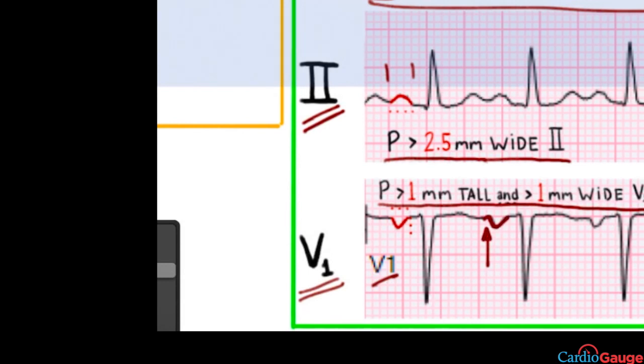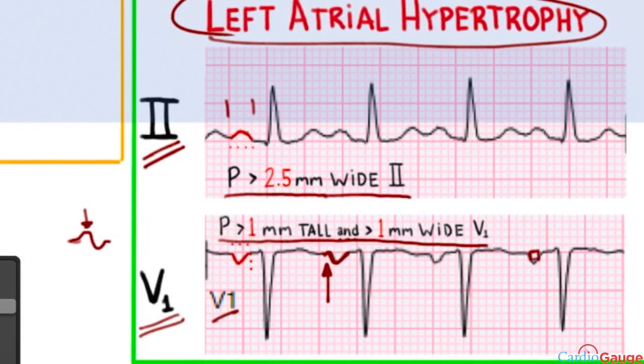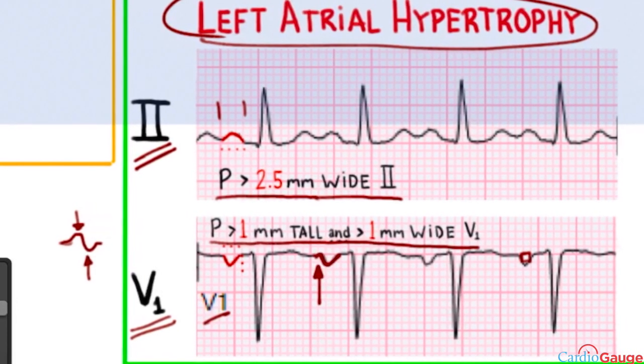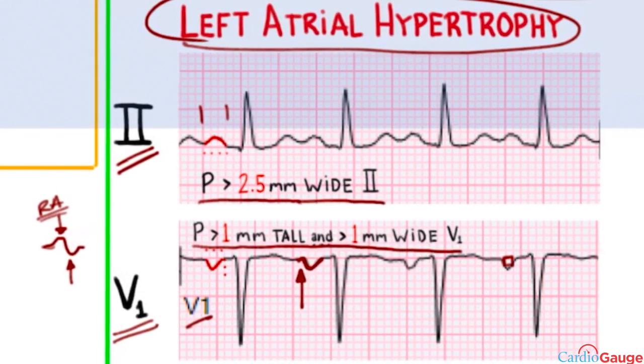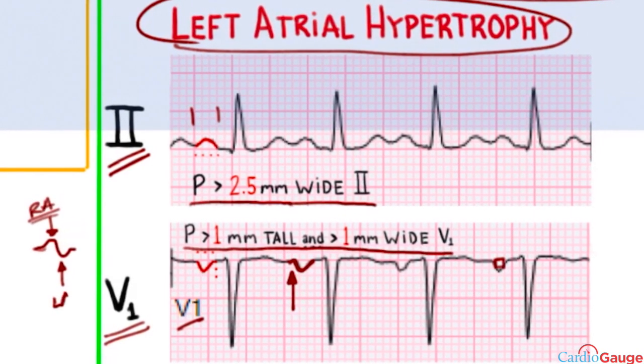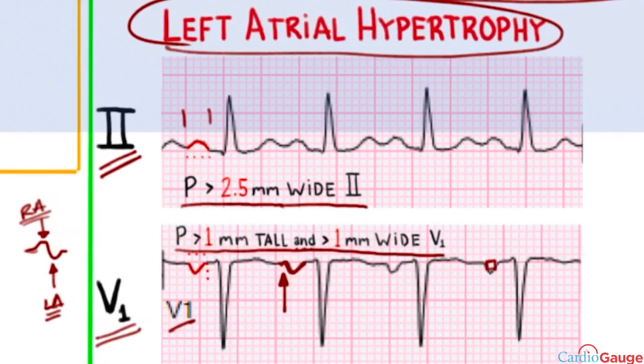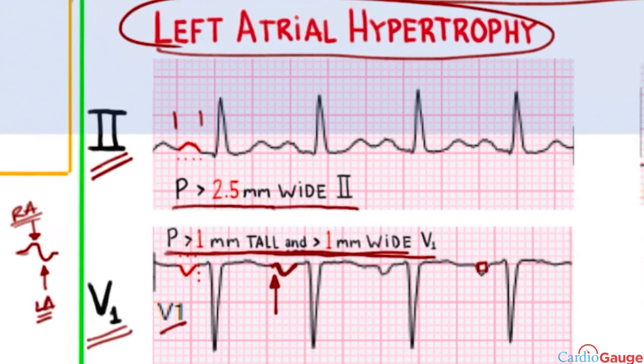And the positive part is what's happening in the right atrium. And then the negative part's what's happening in the left atrium. So that's why in lead V1, P waves usually look kind of like this, where it's positive at first, and then it's negative, because first the right atrium depolarizes, because that's where the sinus node is, and then the left atrium depolarizes. Anyway, this is the second criterion for left atrial hypertrophy.